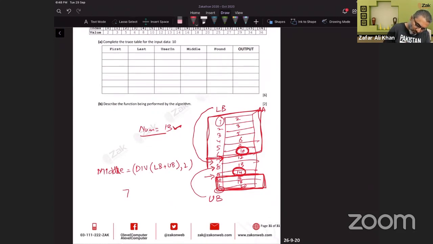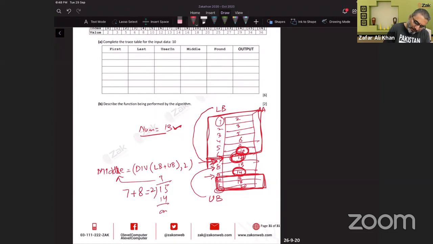So lower bound plus upper bound divided by 2. This is now the middle. You check 7. This is 12. So this is not the value.